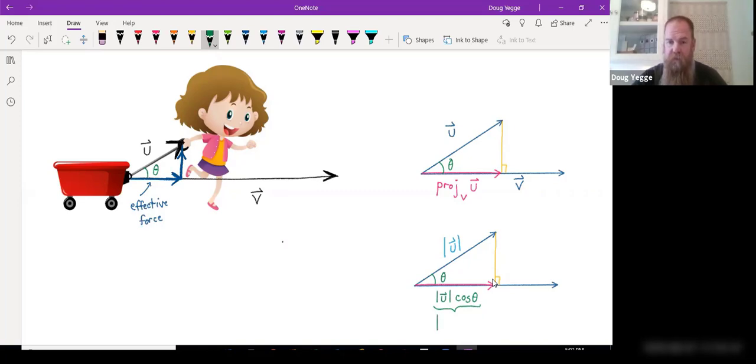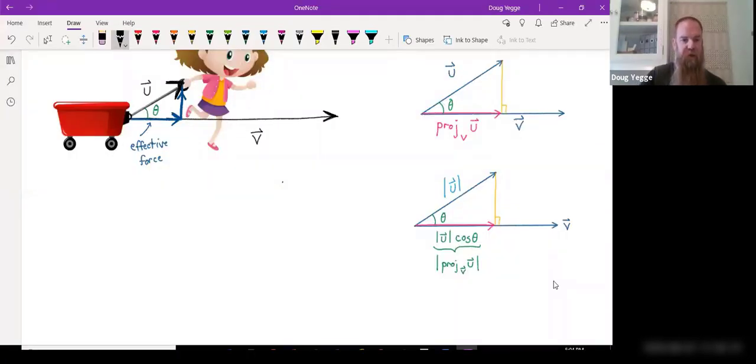So that just demonstrated what the magnitude of the projection vector is going to be, the magnitude of the projection of u onto v. This is still vector v down here. I've still projected it onto vector v, only now I've found what the actual force is, how much of the force is being applied in the direction of motion.